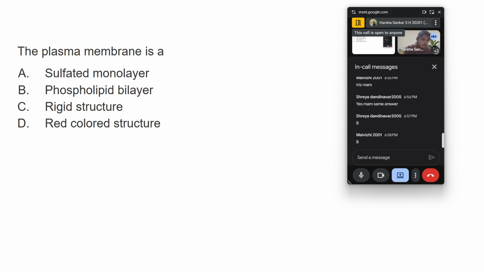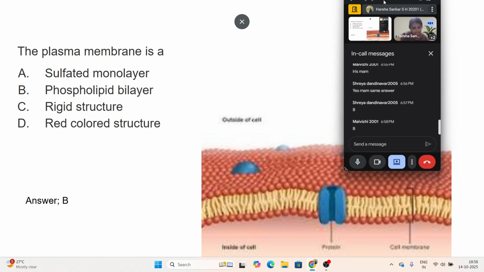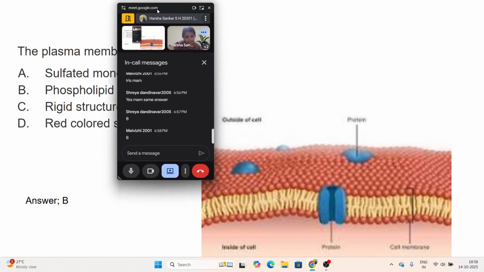Each has its own properties. So phospholipid bilayer is the correct answer, right? This is what I say. It's a phospholipid bilayer with head and tail. Remember, hydrophilic head, hydrophobic tail, and there are different types of proteins present in them.